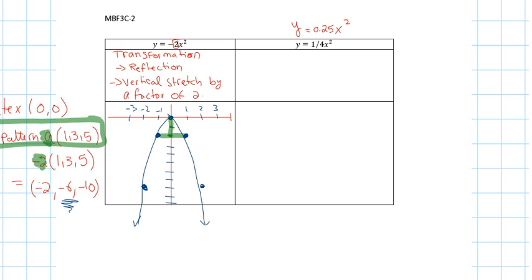And remember I told you if you want to add to this, you say vertical compression by a factor of 0.25.